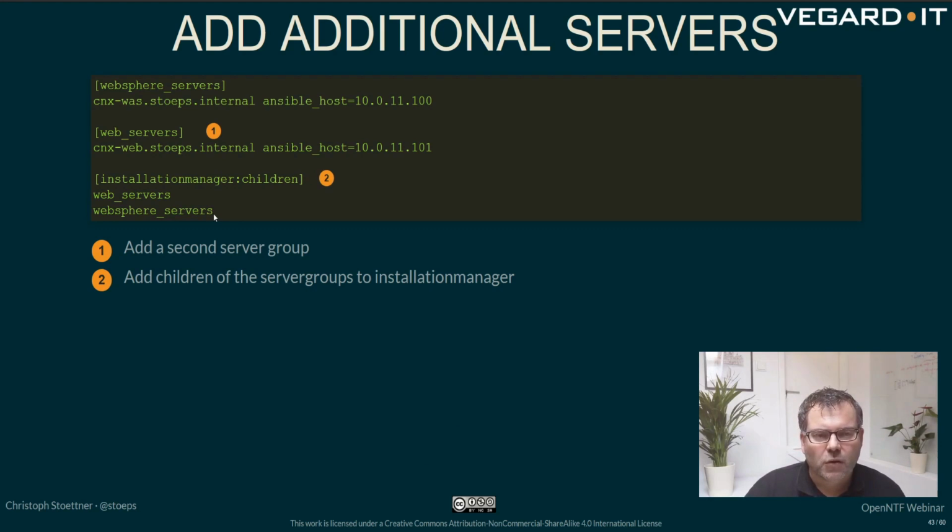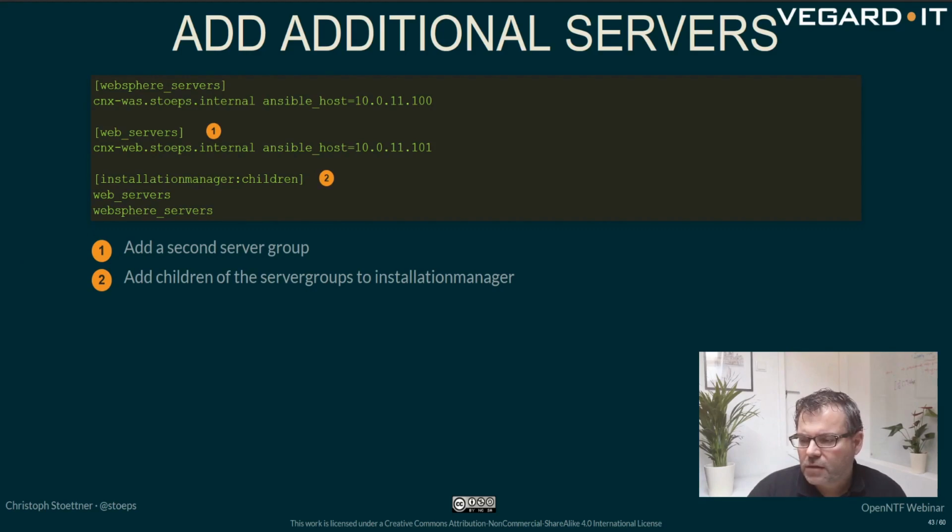So when we add the host group installation manager to our playbook, all tasks will run against all servers in that inventory. Sure, I can use the all variable for hosts, which is always present in your inventory even when you don't define it. But in that case, I want to just show the children feature within the inventory file.